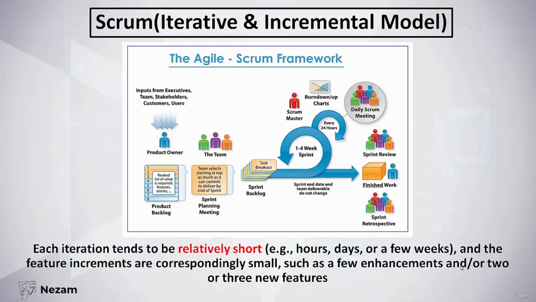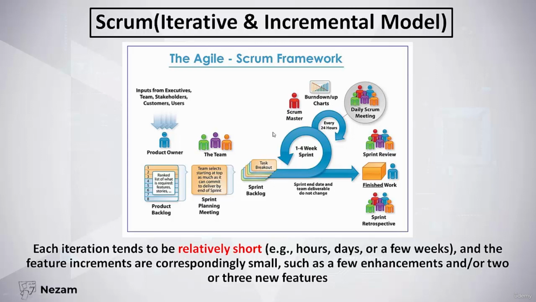So in Scrum, we have a small iteration or a small sprint. It may be 1 week, 2 weeks, or 4 weeks. At the beginning, we collect the requirements and we call them the product backlog. And then in each iteration, we take some features from the product backlog and finish them inside this sprint or this iteration, which is called the sprint backlog.